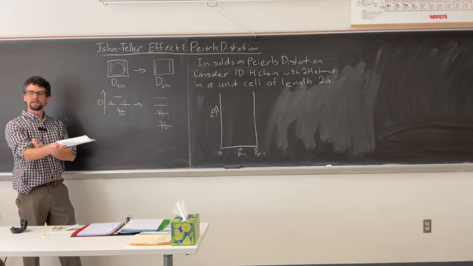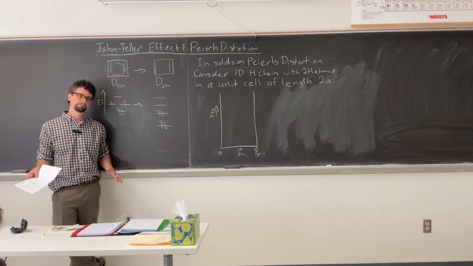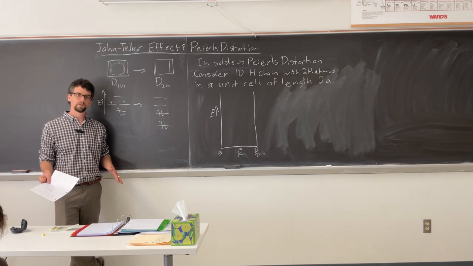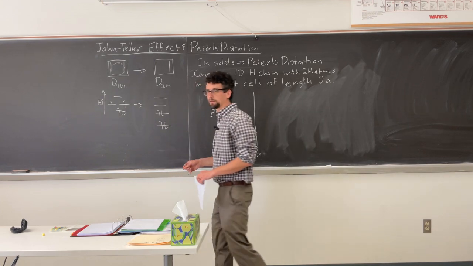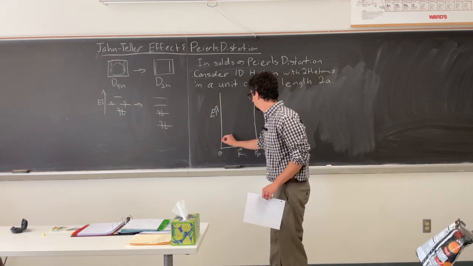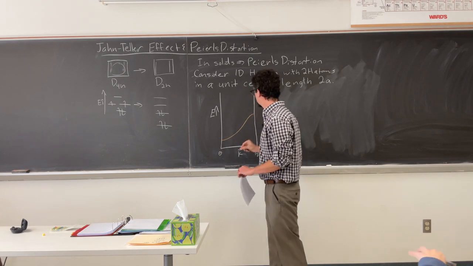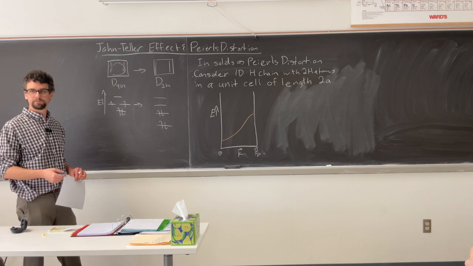How many orbitals in my unit cell? 2. How many bands do I need to draw? First band, what's it going to look like? Or lower energy band? Yeah, goes whoop, like that. What about the other one?